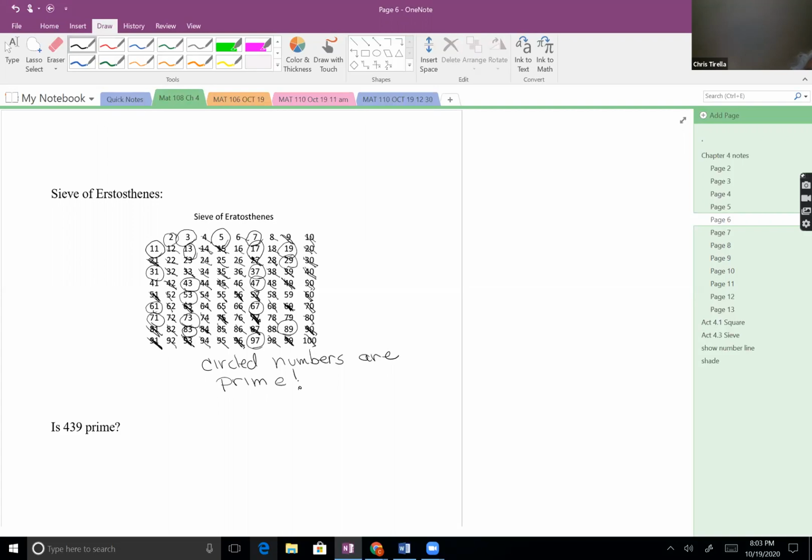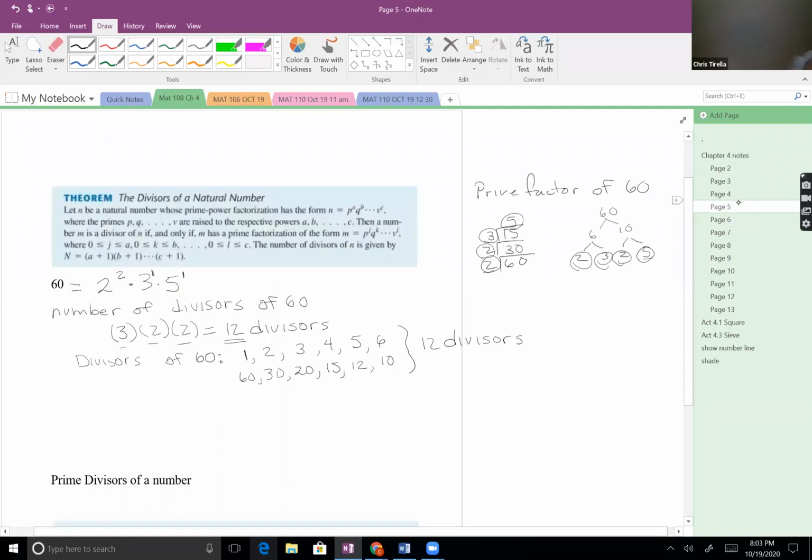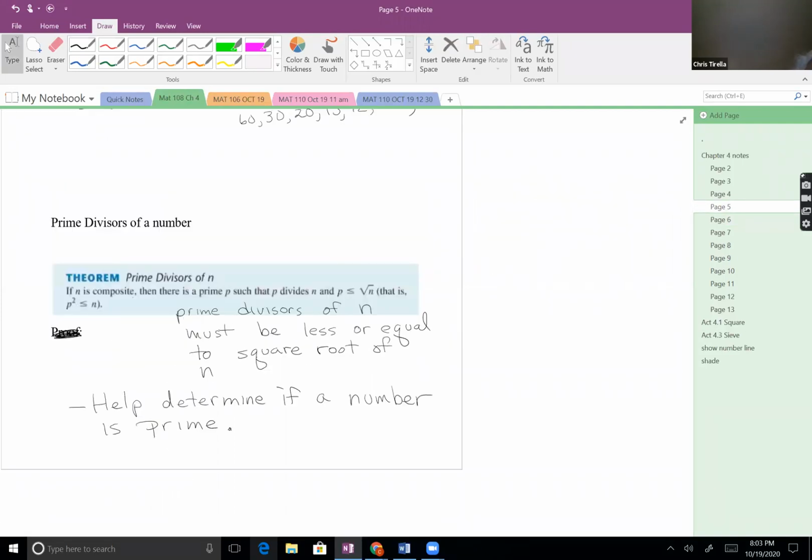So then, now that we've got this list of the prime numbers, I'm going to backtrack a minute and look on the preceding page. We said that prime divisors of a number must be less than or equal to the square root of that number.